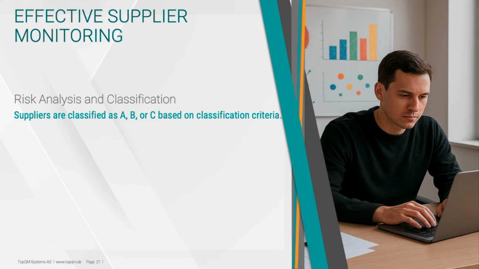The result is an A, B, or C rated supplier in terms of being able to accept this supplier, nominate him, or block him. In terms of supplier monitoring, we are talking about the ongoing evaluation of existing suppliers that have been approved ultimately.